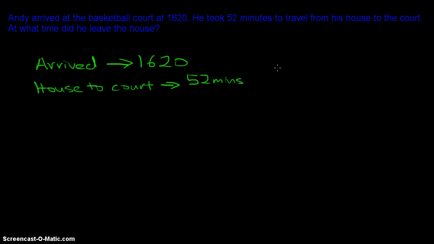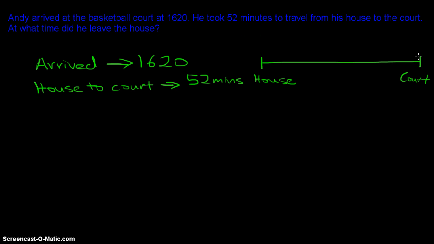So he arrived at this time and the house to the court is this time. Drawing all this information on a timeline, this is how it looks like. This is his house, to the basketball court. So this is court and this is house.